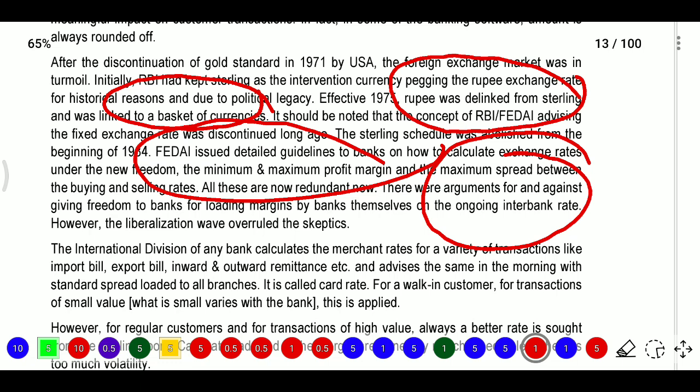There were arguments for and against giving freedom to banks, especially for loading margins by banks themselves on going interbank rates.